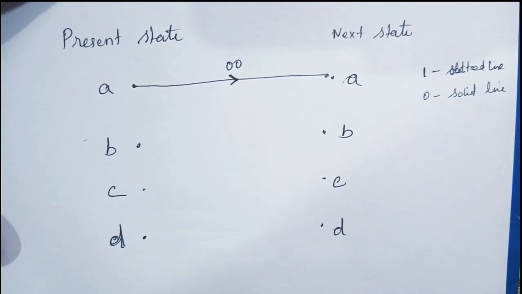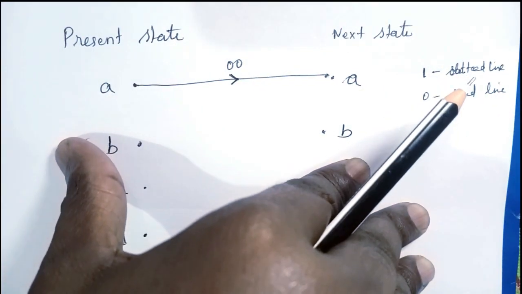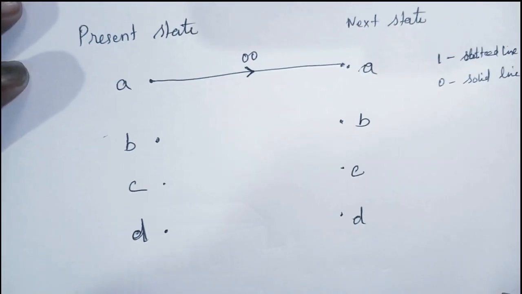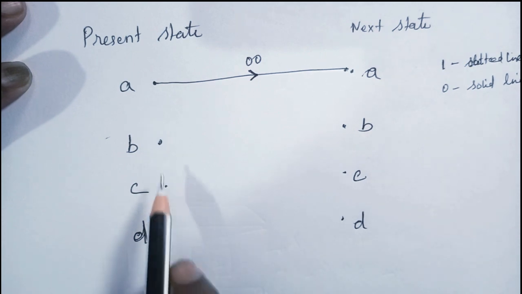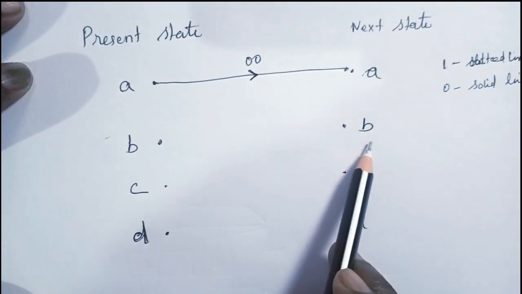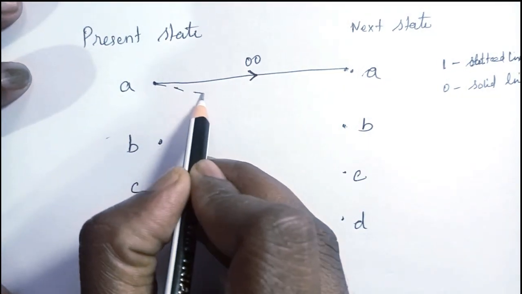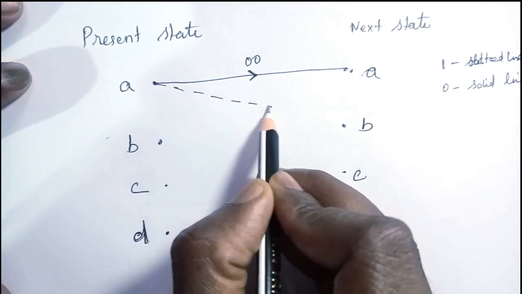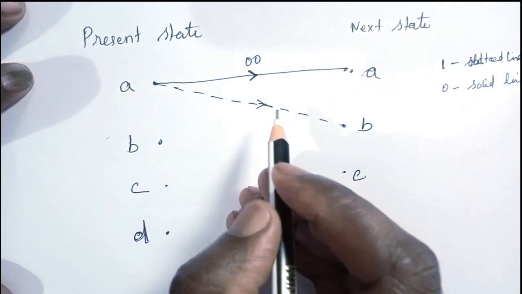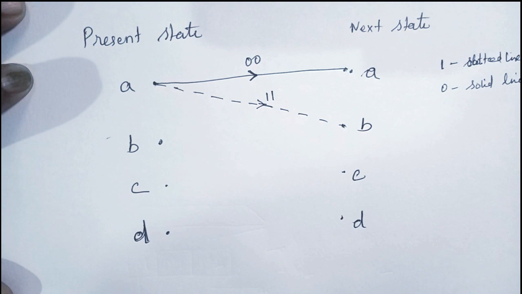Current state is A, input bit is 1, next state is B, output is 1 1. Clear?